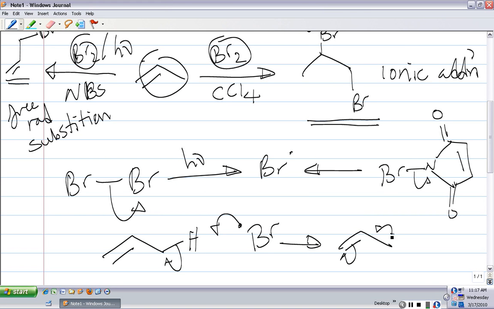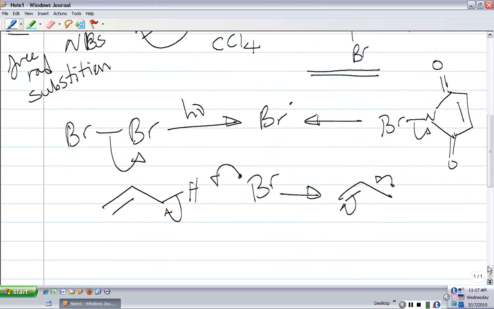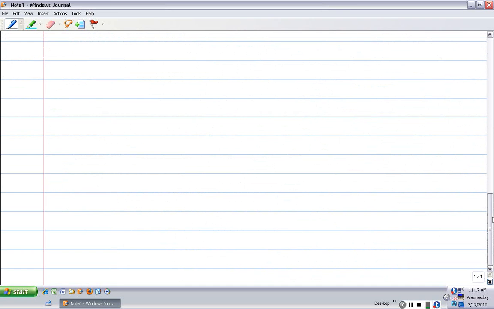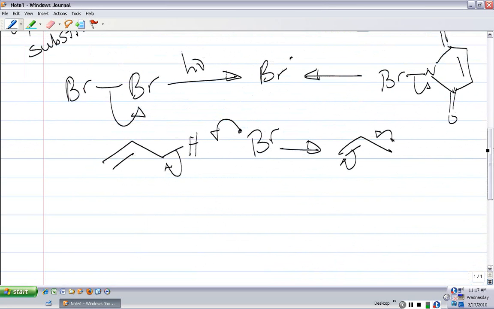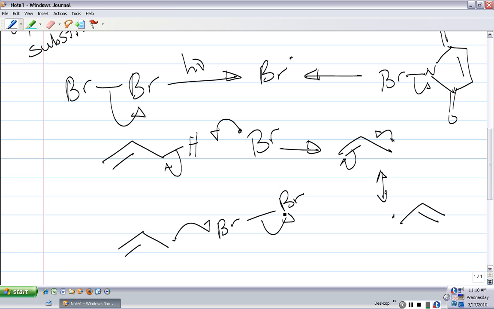That's the point we made earlier, that any intermediate you make in the allyl position is very stable. So you end up with a species that is resonance stabilized, and then that allyl species turns around and attacks more of the species. So if I was doing the reaction with bromine, then this would attack bromine and I'd make my allyl bromide.